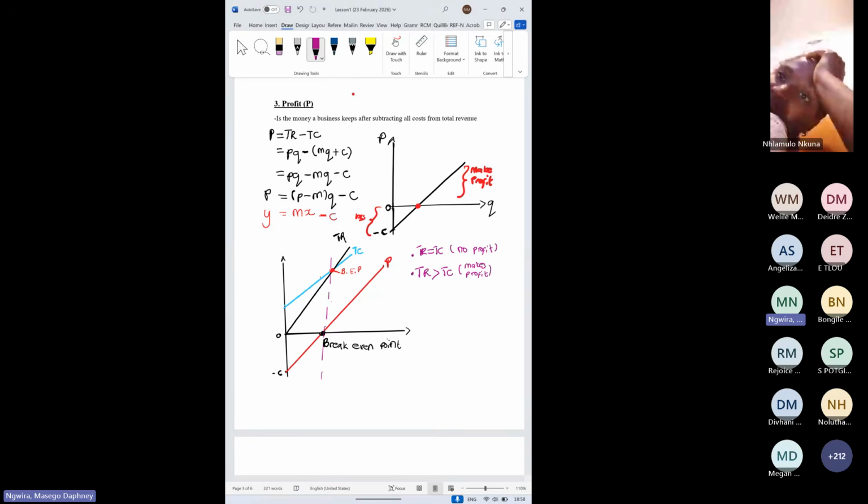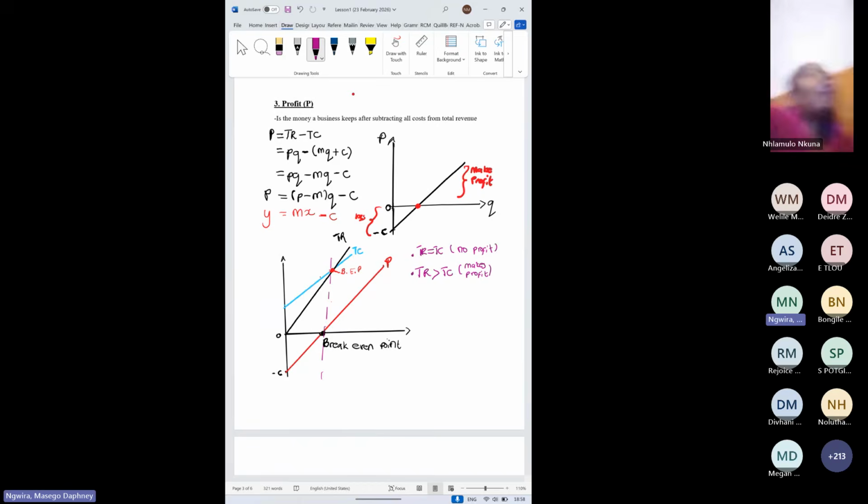So on the graph, TR is greater than TC. That's when your TR is on top of your TC. My TC is the blue graph, so my TR is on top after the break-even point, and it's at the bottom before the break-even point. So graphically that makes profit.